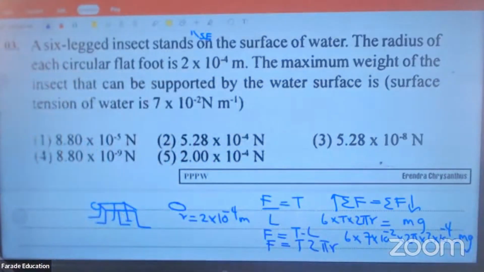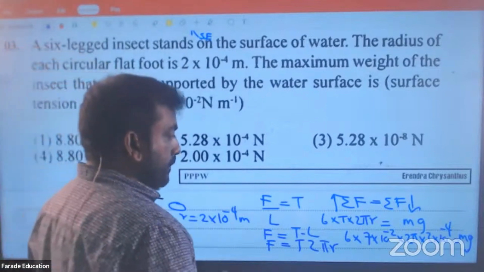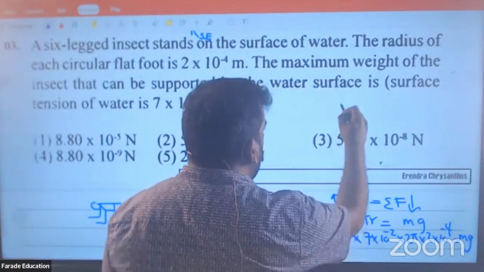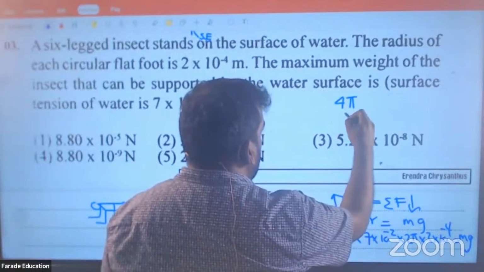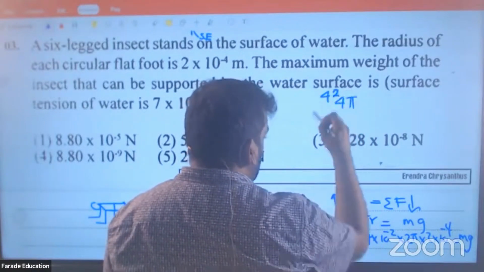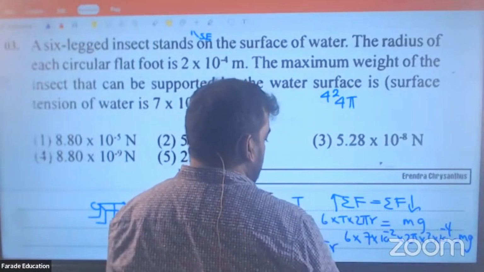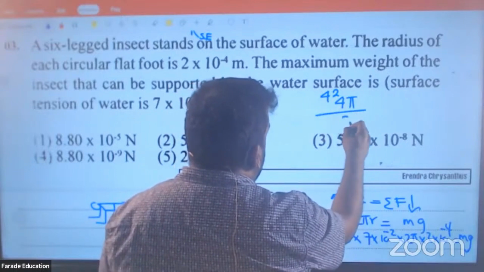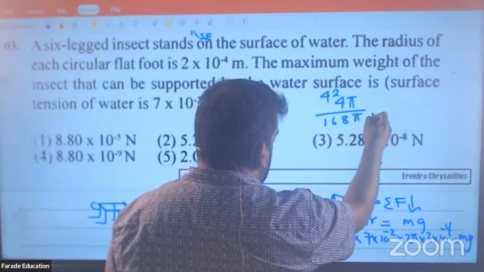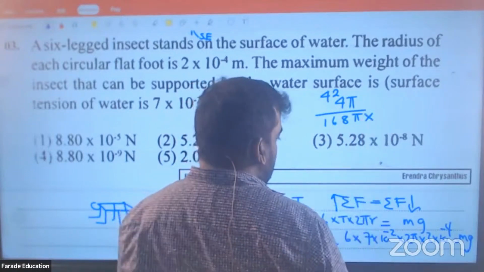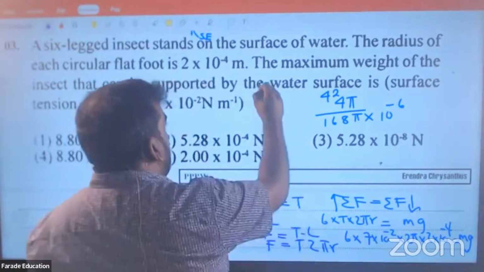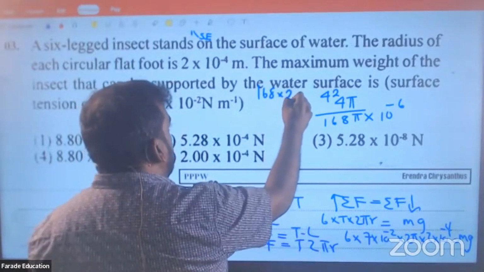Simplify the relationship carefully. Here 4π into 42. 6 times 7, 42. 4π. Here you have 8, 16, 168π. 168π × 10^-6. 168π means 22 over 7.